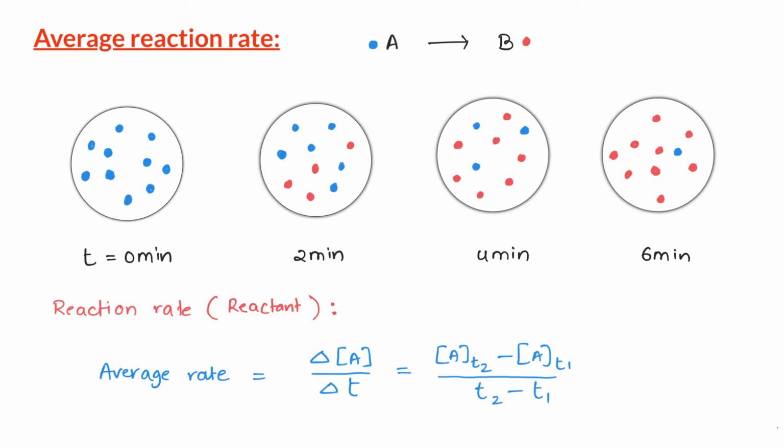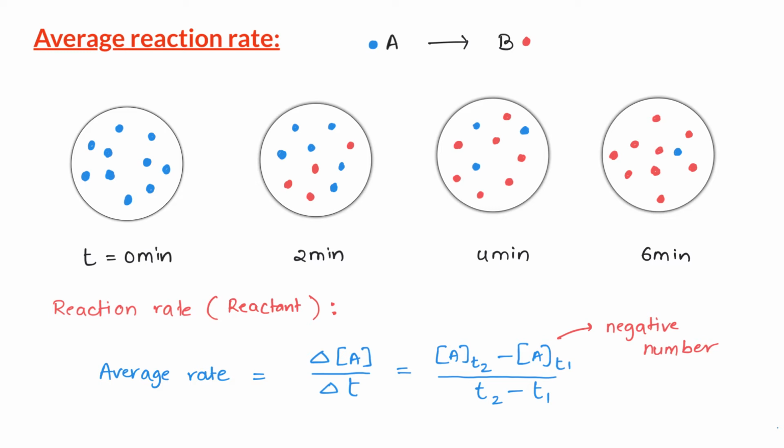In the earlier slides, we learned that the concentration of the reactants decreases over time. So, the concentration of A at time t2 is always lower than the concentration of A at time t1 if t2 is greater than t1. Which means the numerator of this equation, that is concentration of A at time t2 minus the concentration of A at time t1, is always less than 0. That is, it has a negative sign.